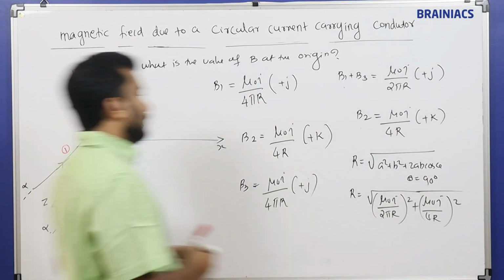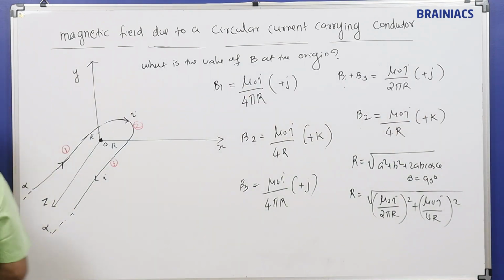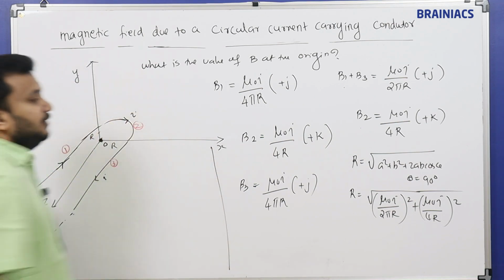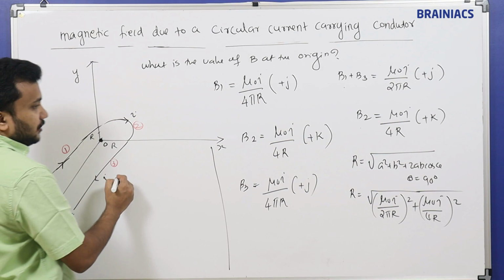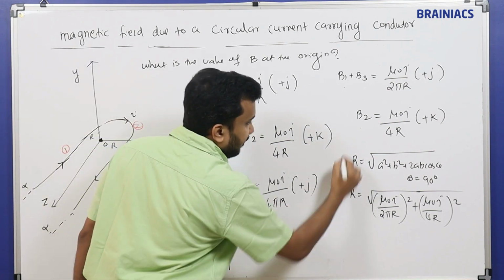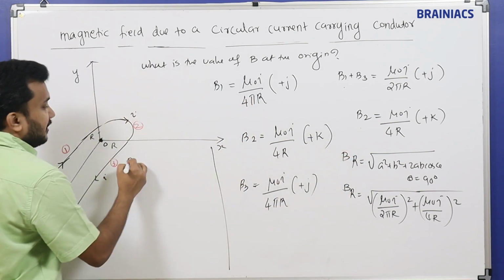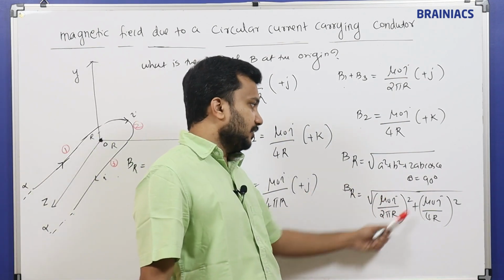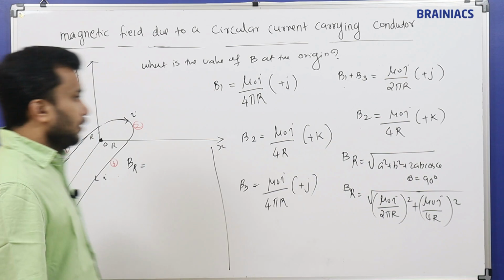We have to simplify this first. Let me take some extra space here to simplify this. So the resultant magnetic field BR will be equal to μ0 I squared constant, 2 squared, 4 squared constant.